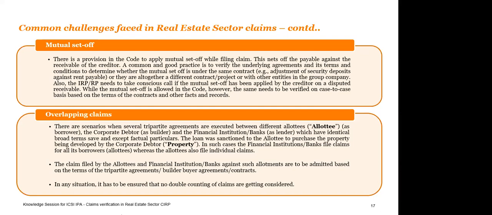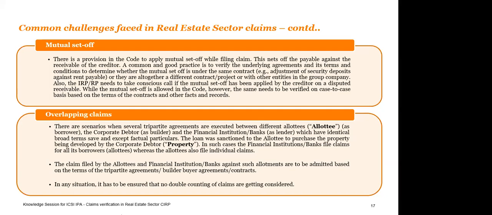There, the property, or the flat or the home, is mortgaged to the lender. So in such cases, the financial institutions may also file a claim for all their allottees.